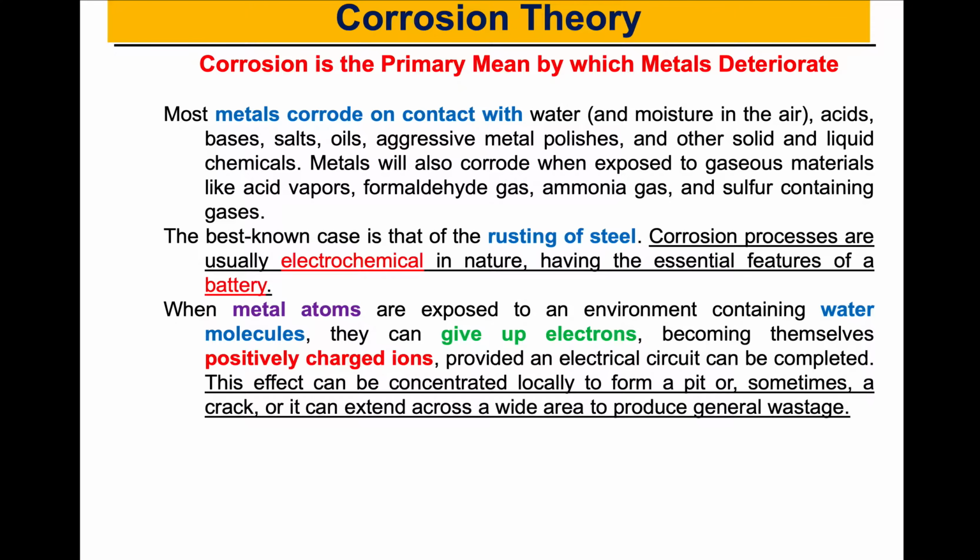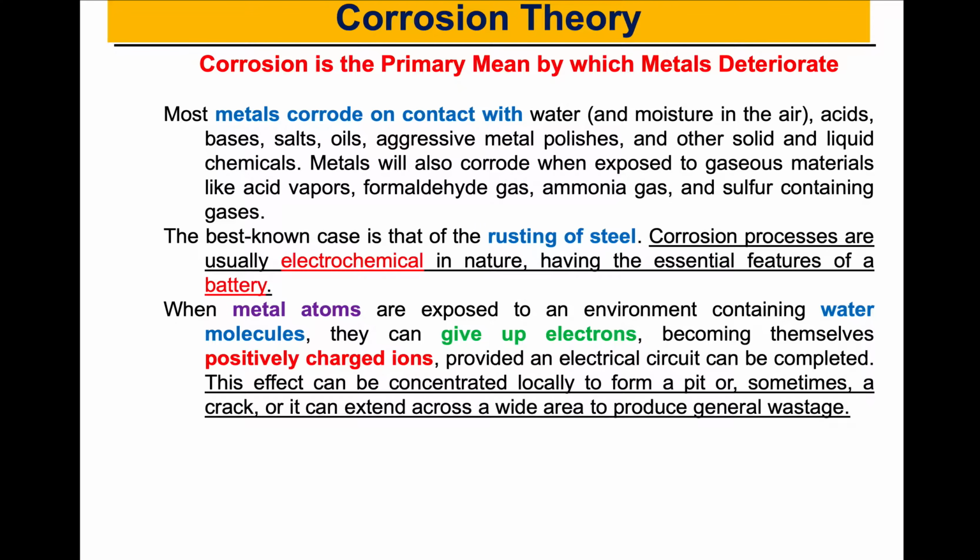Here's a theory. When metal atoms are exposed to an environment that contains water molecules, they will give up electrons. Now we have free electrons, and the atoms of the metal themselves will become positively charged because we've lost electrons. The positively charged ions create an anode, and the electrons, because of water, will move to another place that creates a cathode location.